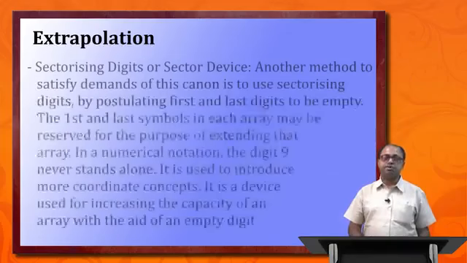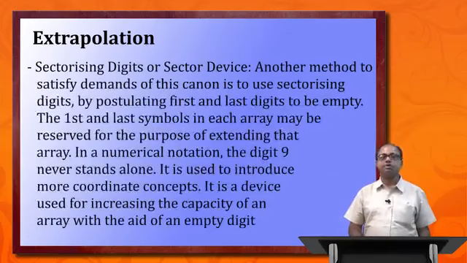Next point is sectorizing digits or sector device. It is also known as sector device. Another method to satisfy demands of this canon is to use sectorizing digits by postulating first and last digits to be empty. The first and last symbols in each array may be reserved for the purpose of extending that array.